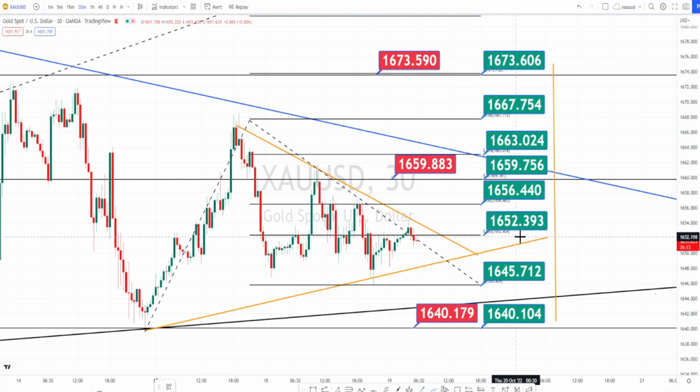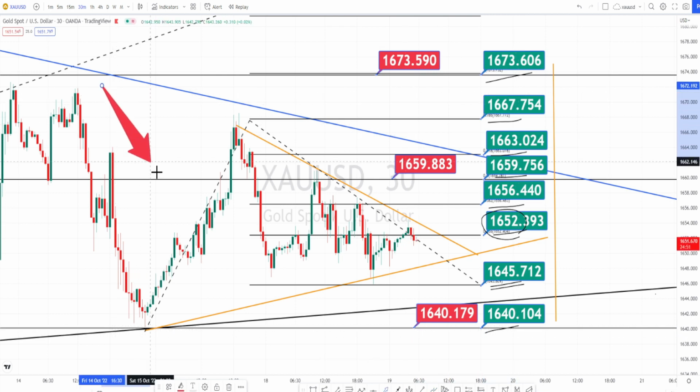Currently the price action is trading between the resistance level of 1652 and support level of 1645, and if the price action breaks the resistance level of 1652, next level of resistance is going to be around 1656, 1659, 1663, 1667 and 1673, and if the price action breaks the support level of 1645, next level of support is going to be around 1640.